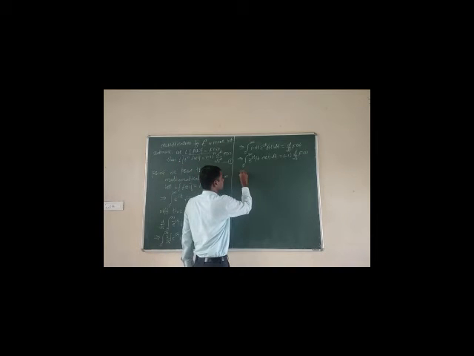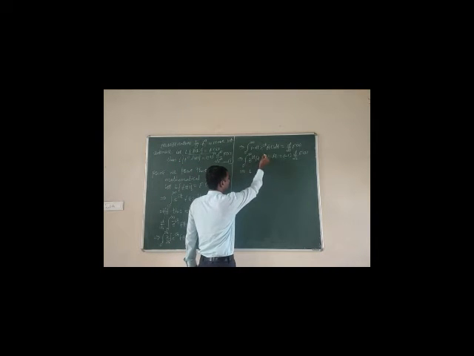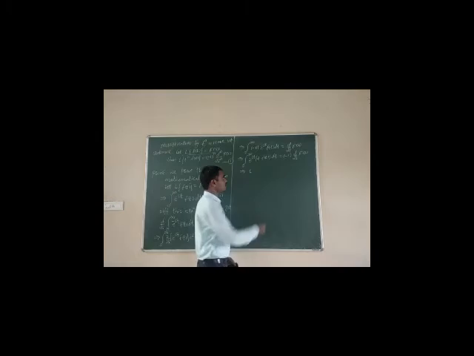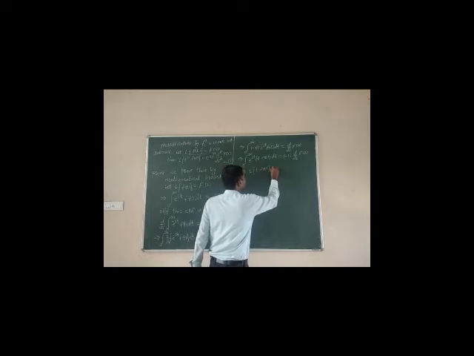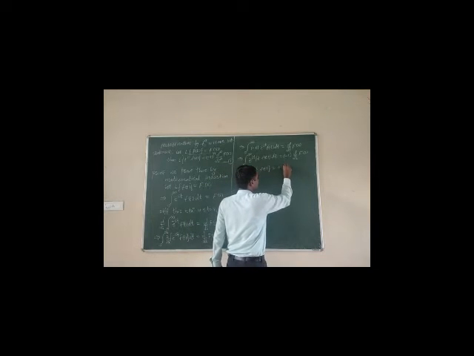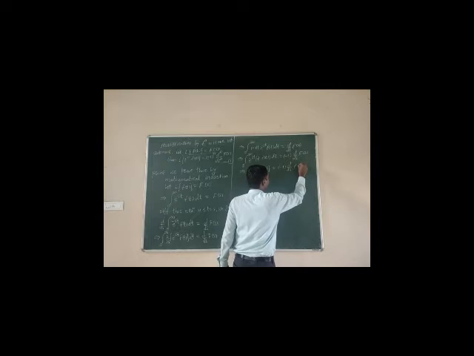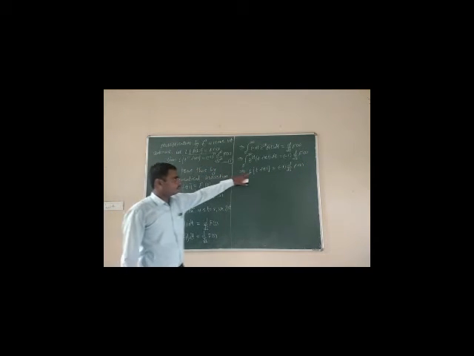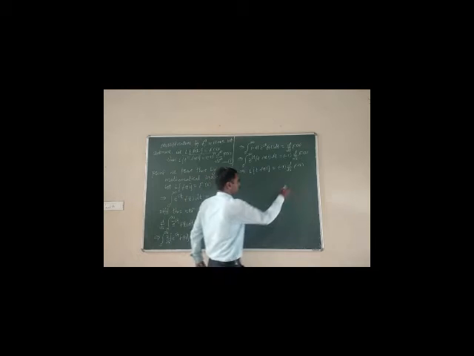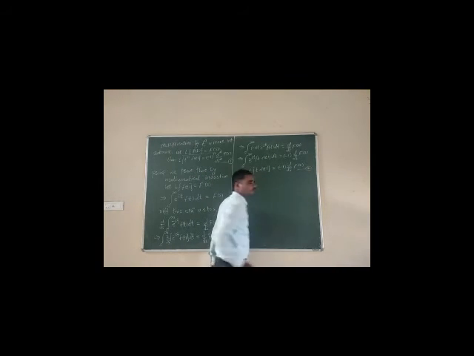And this implies that, applying the definition of Laplace transform on the left hand side, we get Laplace of t into f of t is equal to minus 1 into d/ds of F of s. So this is, suppose, equation number 2.